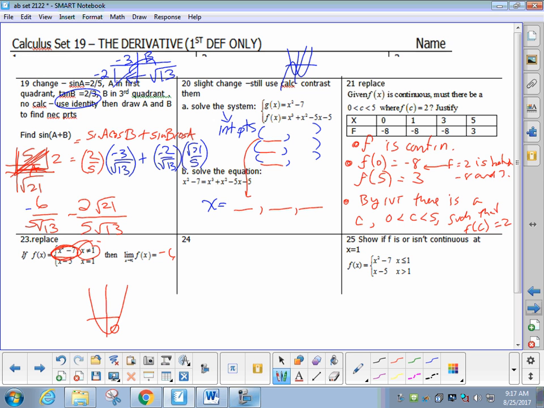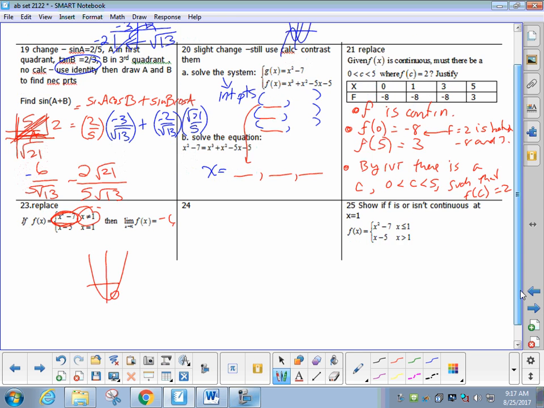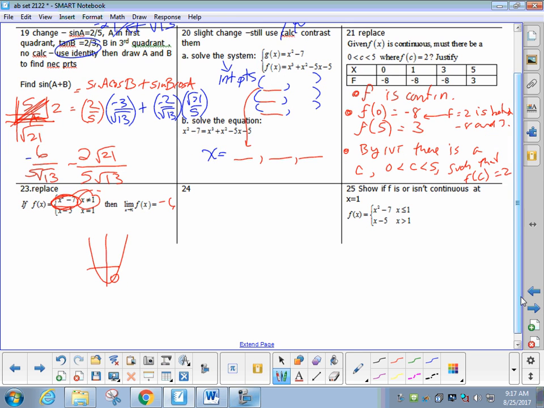All right. Talk this through and show it is or isn't continuous at x equals 1. First thing is, does the limit exist? In this case, it would mean do the pieces meet, the branches meet. As x approaches 1 from the left, f is going to be the x squared minus 7 branch, and that limit is -6.